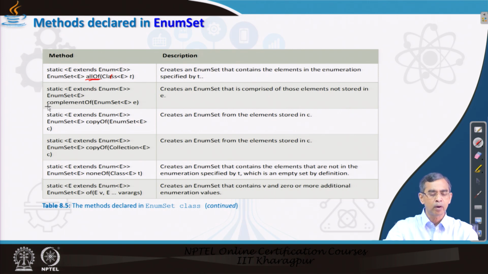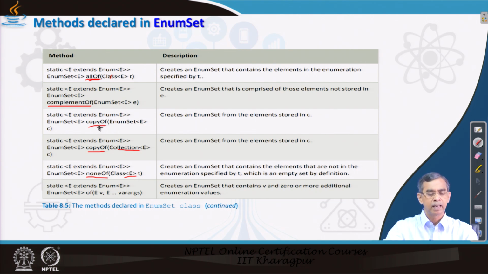Like allOf, there is complementOf, that means if A is a set, then the complement of A is those elements that are not in A, but are in some other universal set. And copyOf basically copies a particular collection into another EnumSet. This is also another way, copyOf from the existing collection which is passed there. noneOf basically gives an empty collection, which has none of the elements, rather than this one.